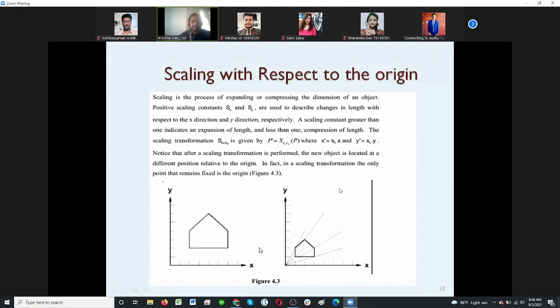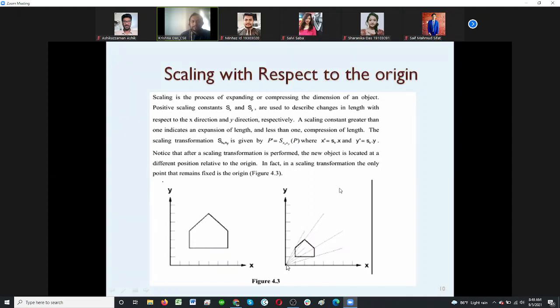But it is actually a powerful function, because x and y coordinates are two dimensions here, and if the dimensions change in different ways, like one changes by 5 units and the other by 4 units, then definitely the shape of the object changes as well, not only the size. So this is scaling. Also, increasing or decreasing the dimension is done on the basis of a point.